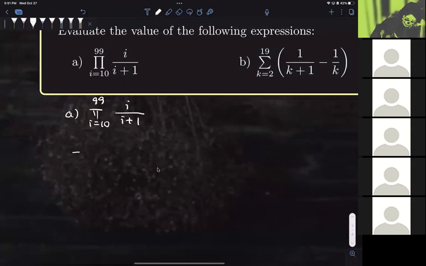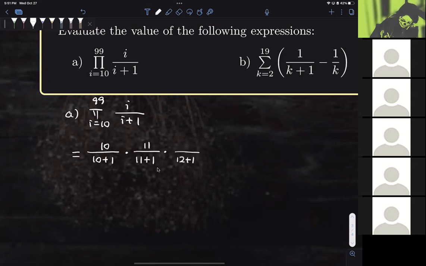This equals the sum from 10. So 10 times 11, plus 1, 11 times 12, plus 1, 12, and so on, until we reach 99.